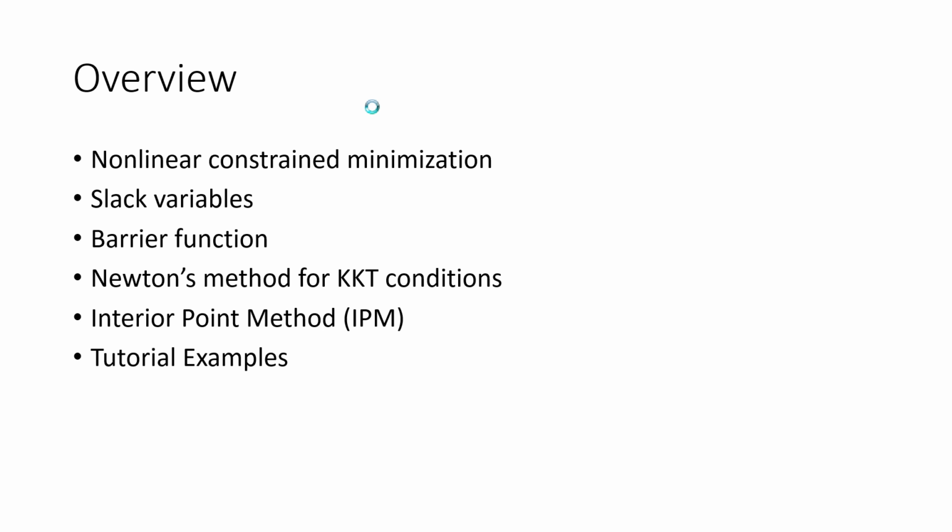We're going to give just a little bit of an introduction on slack variables, and how we reformulate problems so they fit a standard form, and then talk also about this barrier function, this minus mu times natural log of x, and how we convert x greater than or equal to 0 into this form for the interior point method.